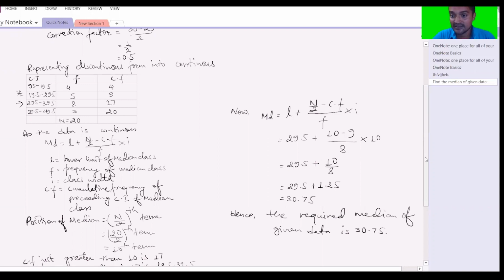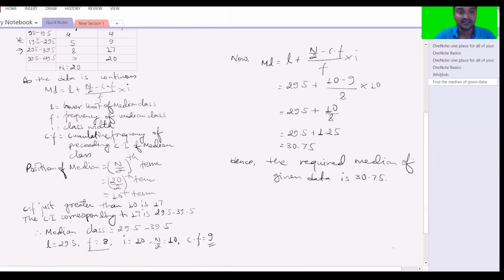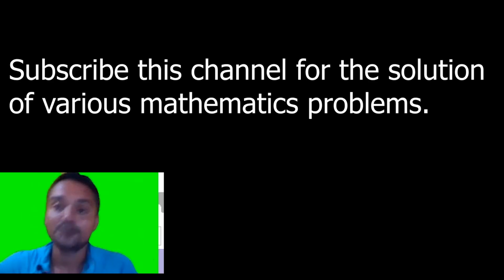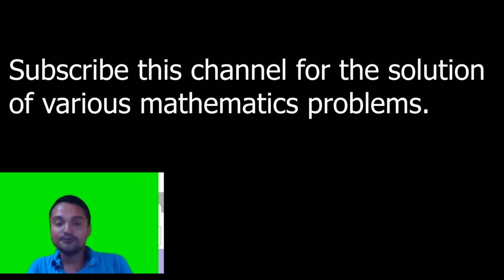After that, you need to find the position of median, which helps to find the exact location of the median, in which class interval it lies. After finding the position of median, it's easier to know the exact values of L, F, I, and N by 2 is already there, and the CF, and then you apply the formula and the answer is obtained. Okay, I hope that the video is quite informative for you.